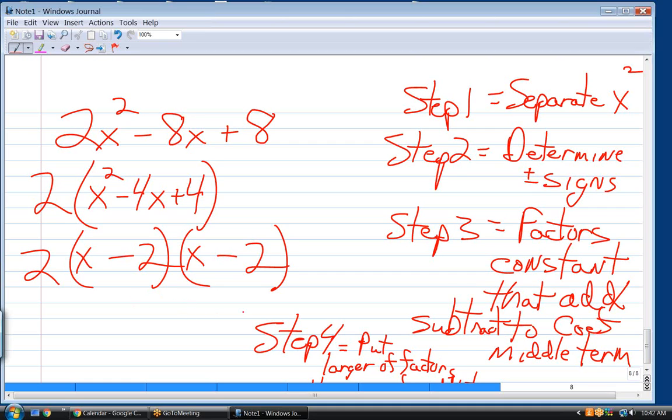Now, you might notice that it's a different answer, but if I were to multiply the 2 times that, I would actually have 2x minus 4 times x minus 2, which is the answer we came up with when we did it the hard way. Okay? But when you're factoring stuff, you always want to take out all factors. In other words, I would never give this answer.